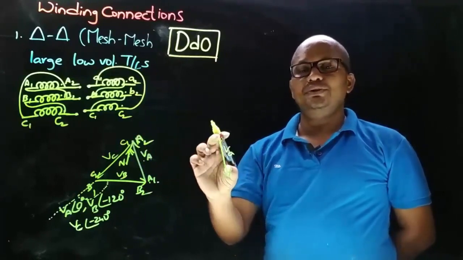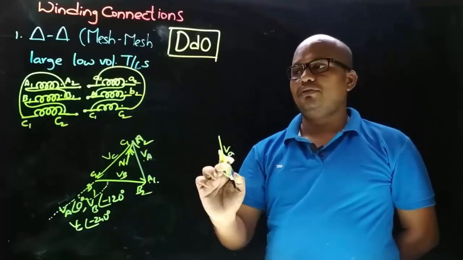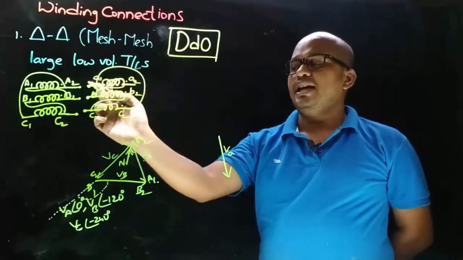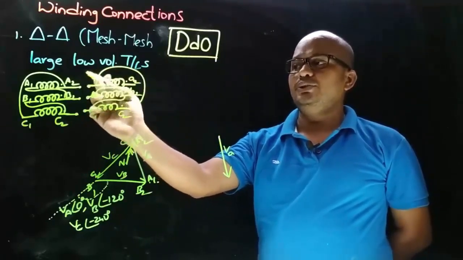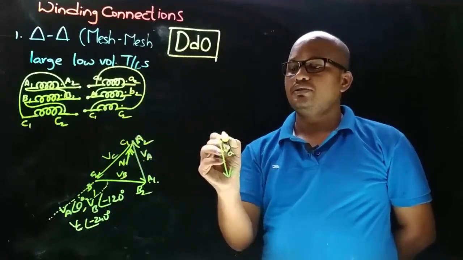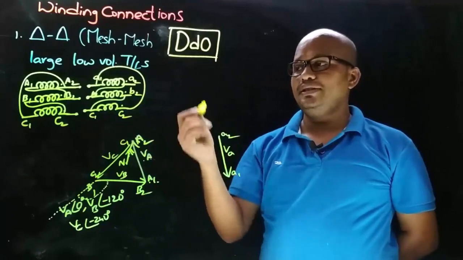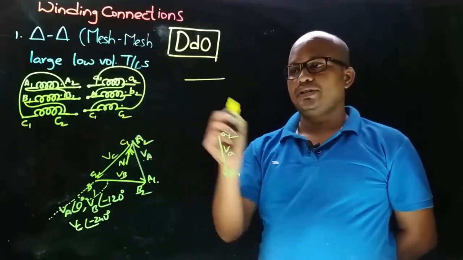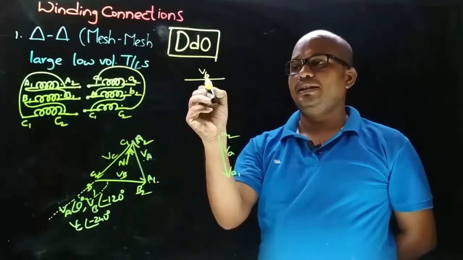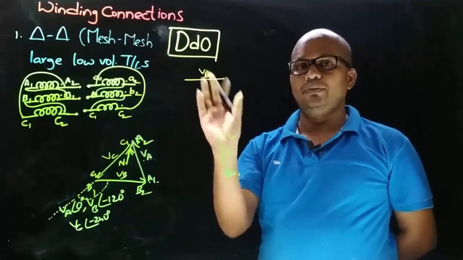Okay, now we need to decide the terminals of the secondary VA phasor. So as the connection we took is from A1, the arrow will point towards A1, so this is A2. And now let's draw the secondary side VB phasor. So the secondary side VB phasor will be parallel to the primary side VB phasor. Let this be the secondary side VB phasor.